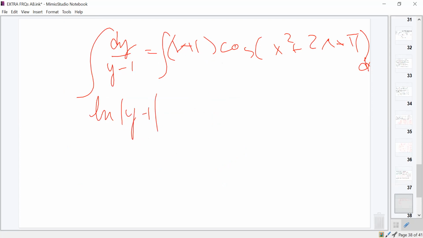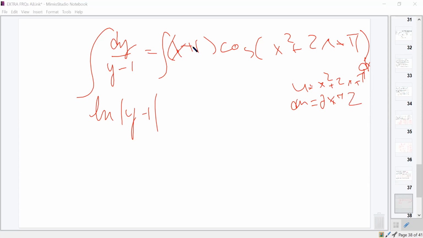This side is just natural log absolute value y minus 1. The other side, well, that's an x. We'll do a u substitution. So we'll note that if we let u equal x squared plus 2x plus pi, then du ought to be 2x plus 2.